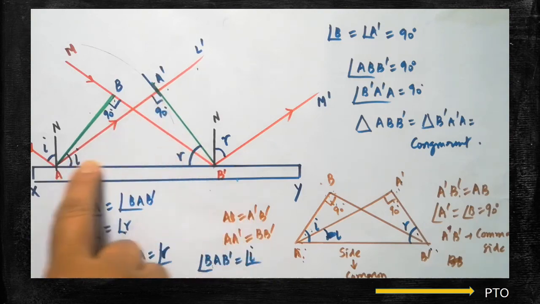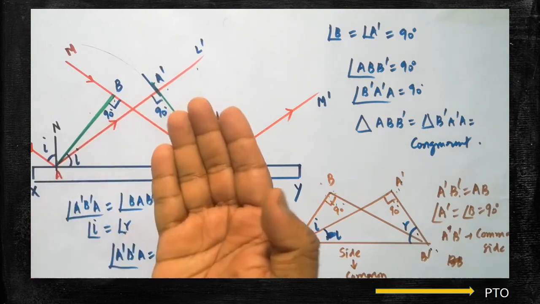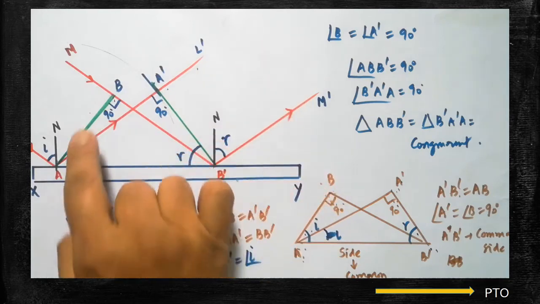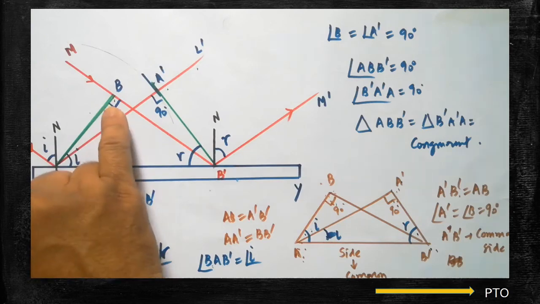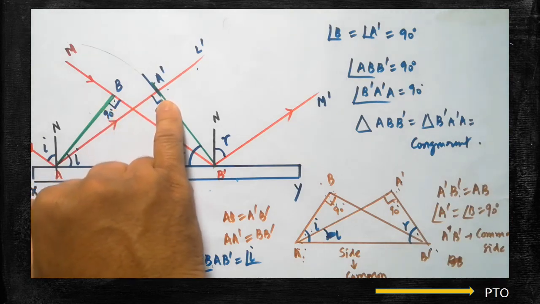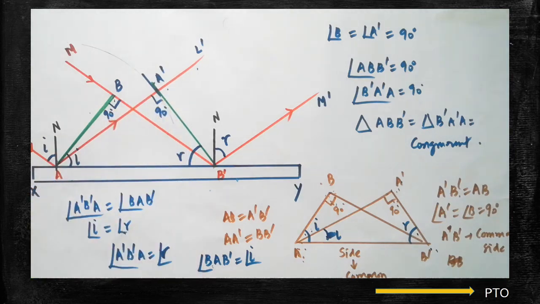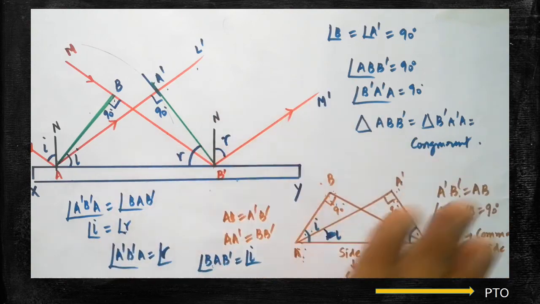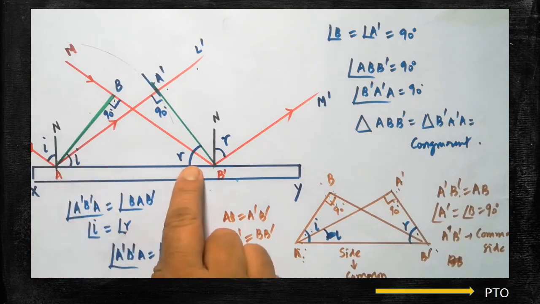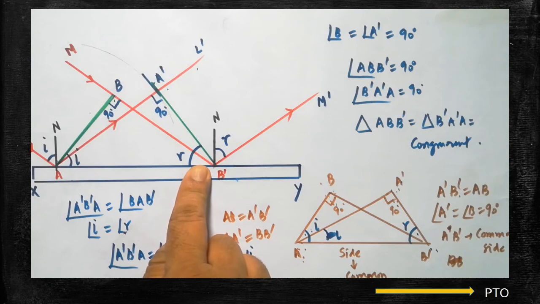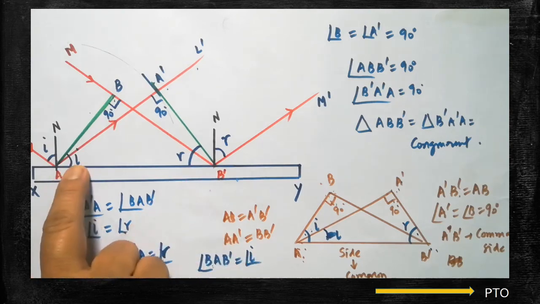If you cut the piece of the triangle and keep it on the another triangle, both of them will look similar. That's why these two triangles are called congruent triangles. Are you clear? And moreover, the angle at B and angle at A dash both are equal to 90. From all those properties of congruency, we have proved that the angle of incidence I and the angle of reflection here both are equal as per the geometry. Are you clear? Note down, this angle is equal to this one.